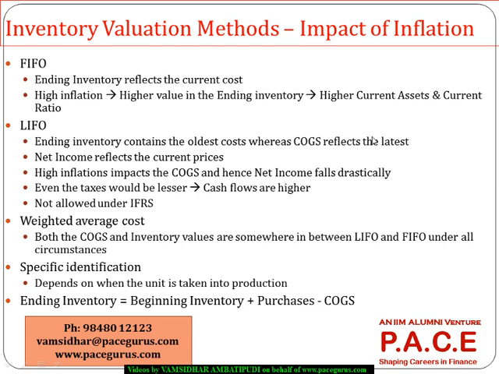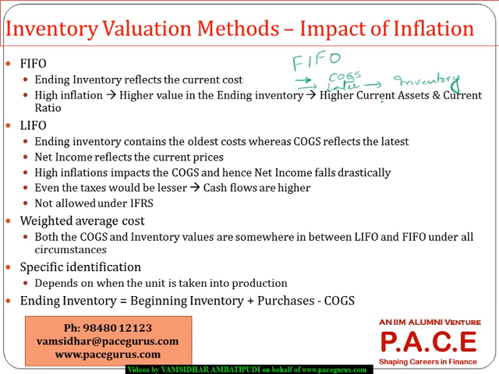So just to look at each of those valuation methods, when I am talking about FIFO, first in first out, the goods that are purchased earlier go into cost of goods sold, and the goods that are purchased later, meaning very recently purchased goods, go into the inventory.